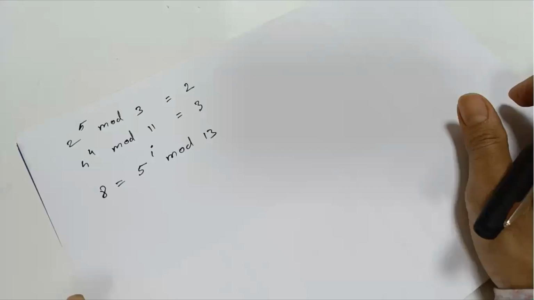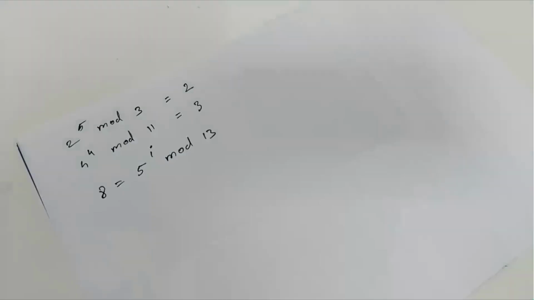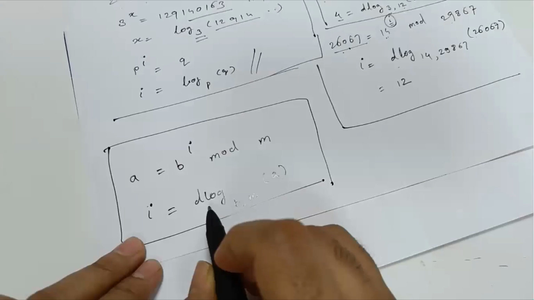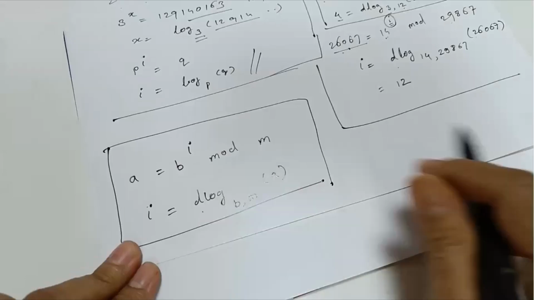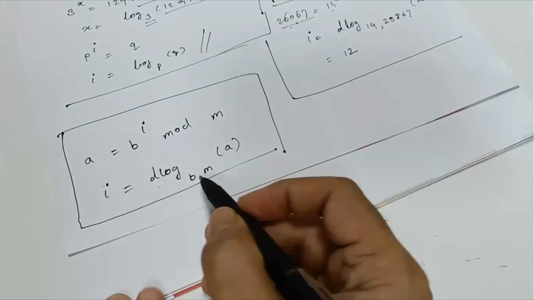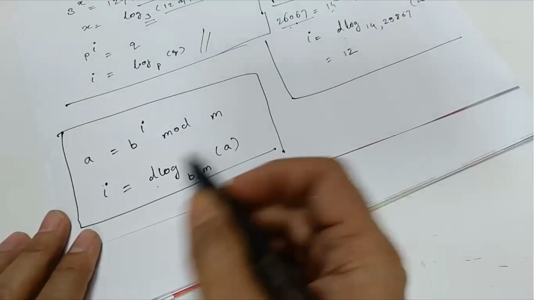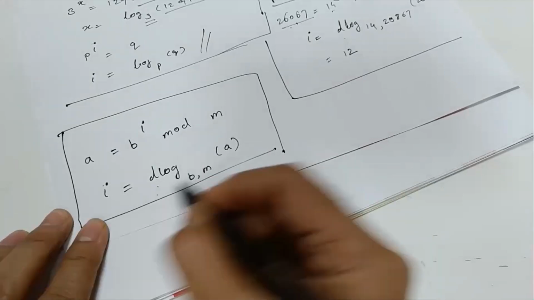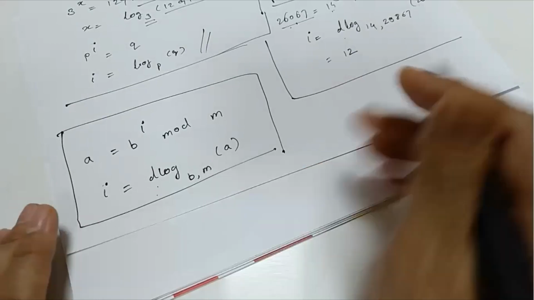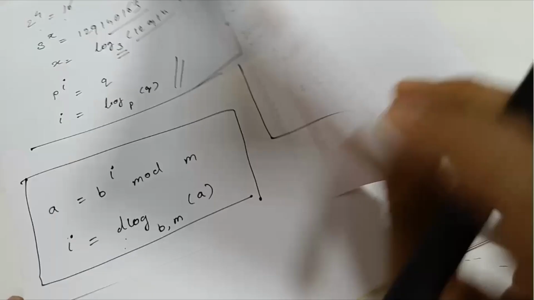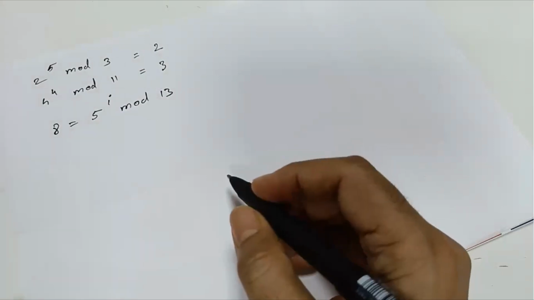Because you don't know yet how the discrete log is calculated. You know what the equation is and how it is represented, but you don't know how to calculate this part, right? So what is the choice in front of you?